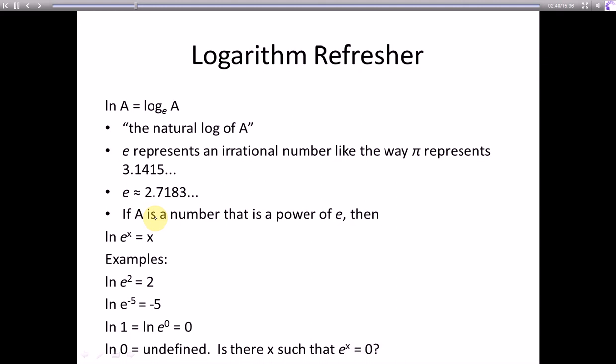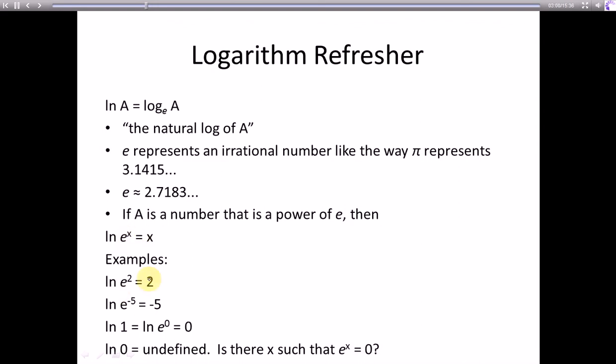And if a is a number that is a power of e, analogous to the way a was a power of 10 for our previous examples, then the natural log of e raised to the x power is just simply x.